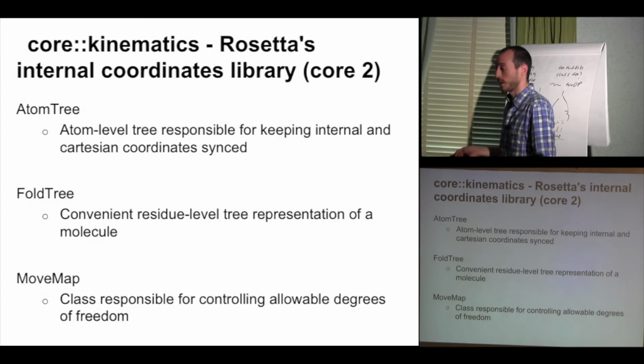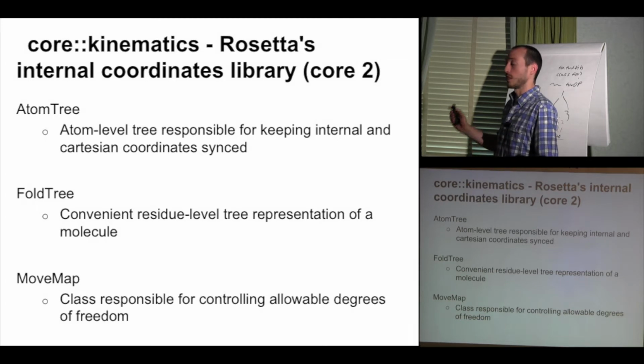The FoldTree is a residue level representation of the atom tree, and it's convenient. Well, convenient is a stretch, but you can work with it. And the MoveMap is a class that allows easy controlling of the degrees of freedom that you can sample in, say, minimization.